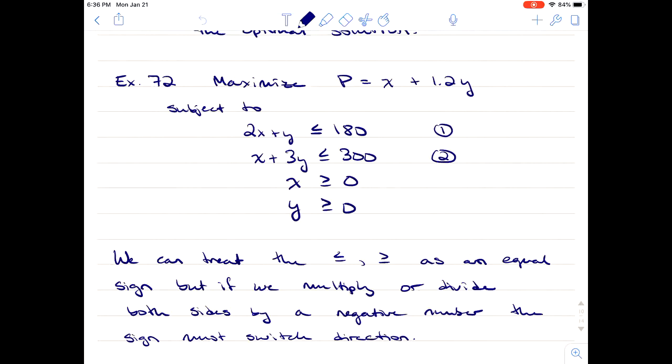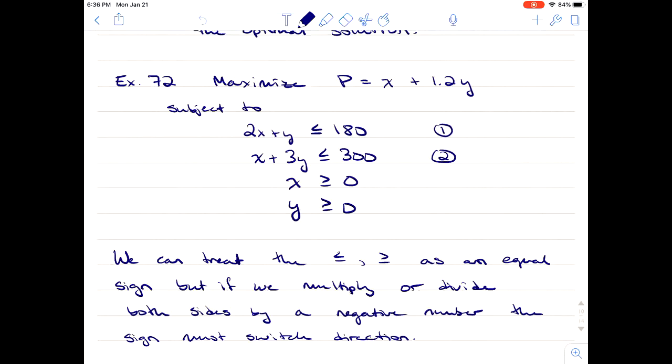We draw all these on the same graph, and then we identify the feasible set. So we go from the center, 0, 0, and then we go out until we hit a line. All of those points in that area make up the feasible set. Those are just all the possible XY combinations that we could have.